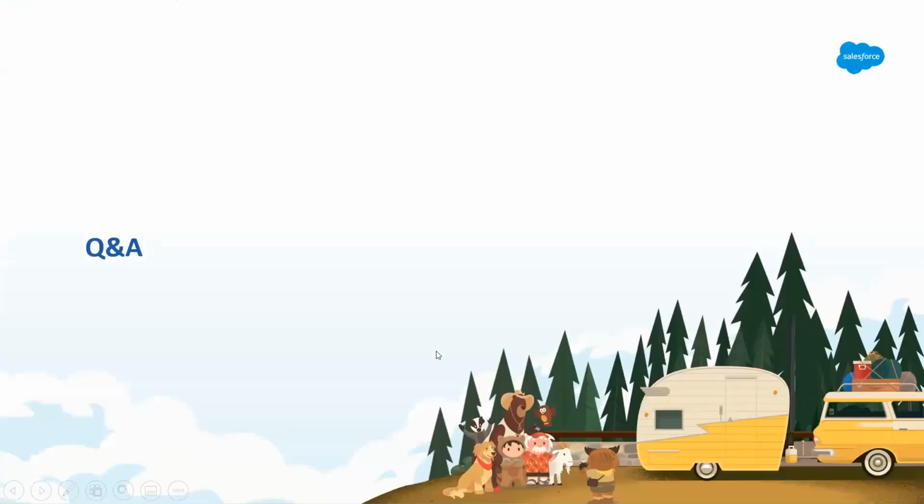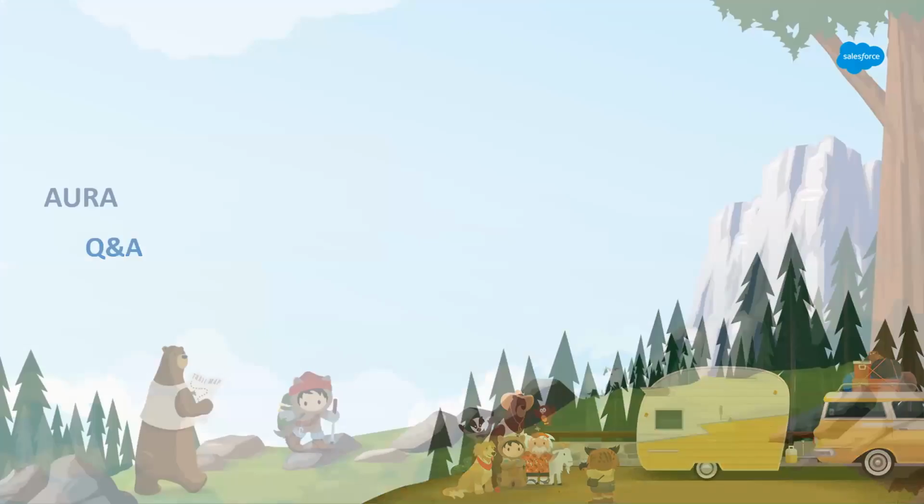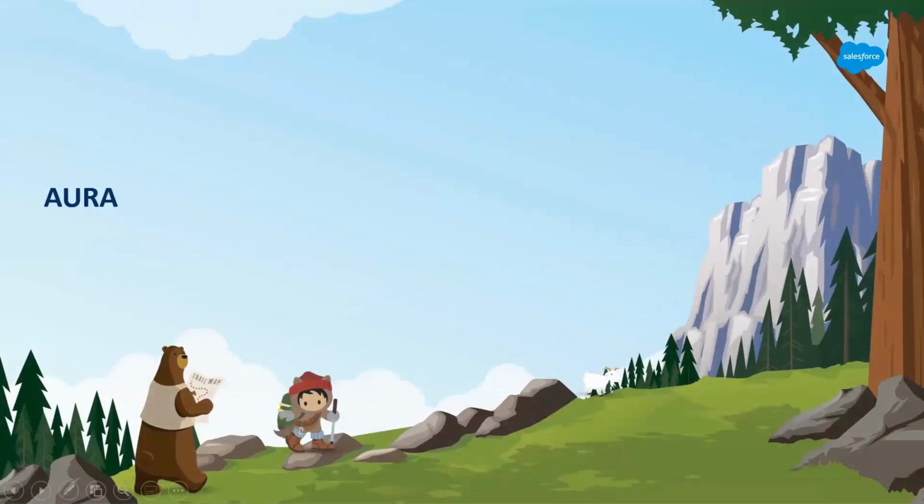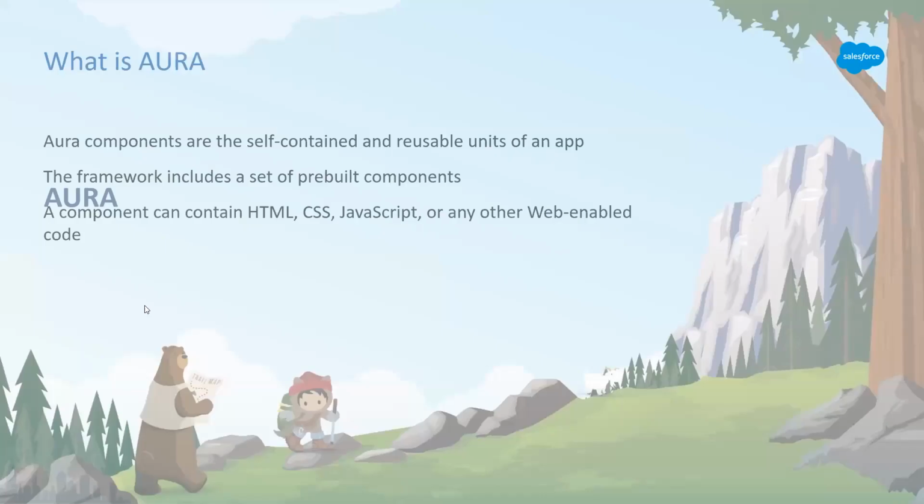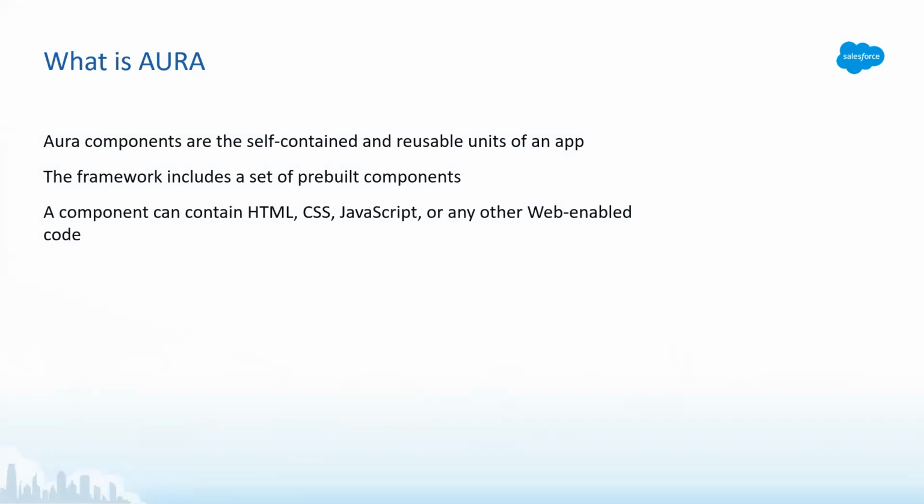Okay, let's go to the PPT. So next, for today's topic, we are having the Aura components. Aura component is another UI element given by Salesforce, where you have a reusable section as a component.